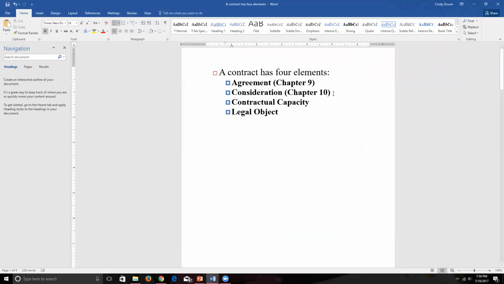So what we're saying here is we don't need consideration. Consideration is not needed for UCC requirements and output contracts. So there is an exception for this particular element.